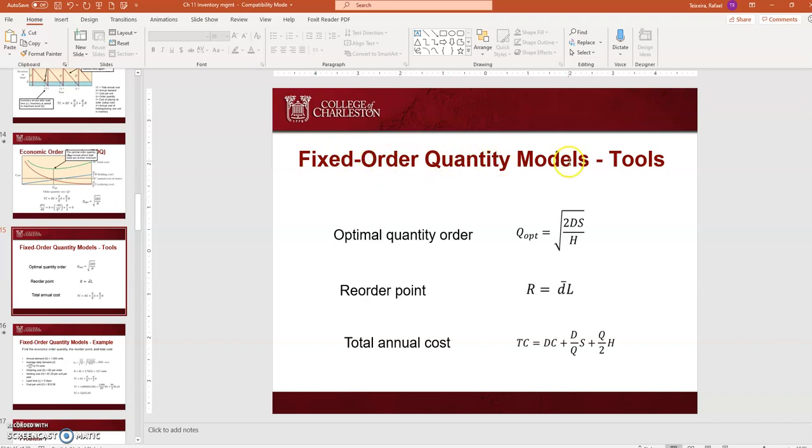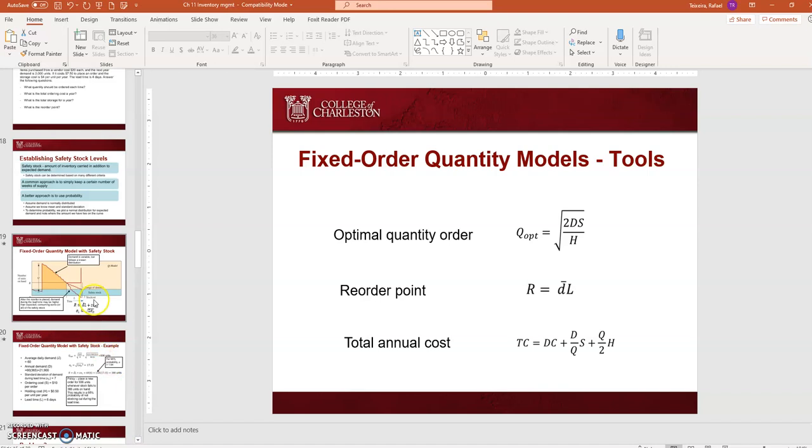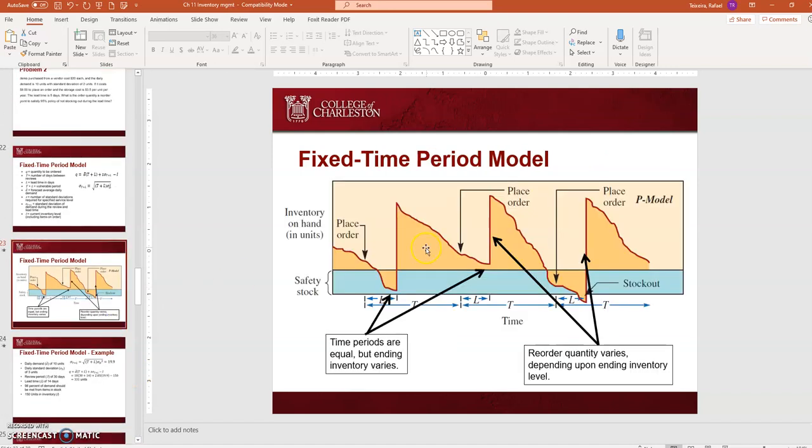In this model, the quantity is fixed, but the reorder point varies. That's one of the differences. In the fixed order quantity model, the quantity is fixed and the timing to place an order varies. In the fixed time period model, the time is fixed and the quantity varies.